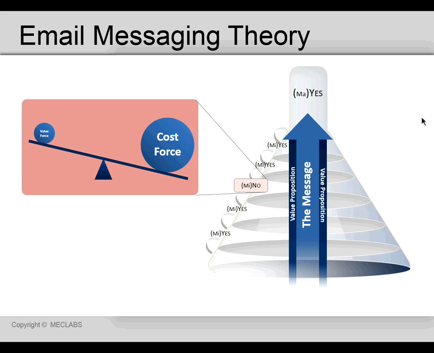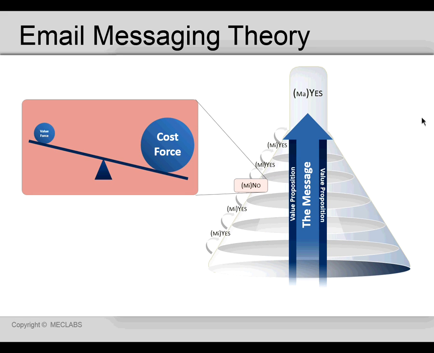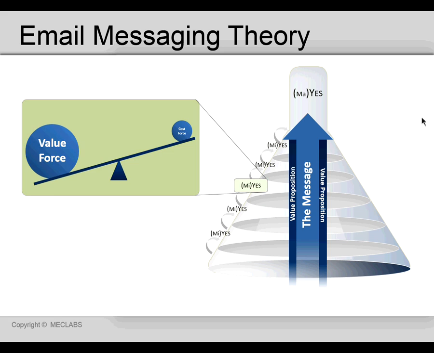And so very simply, what we want to visualize and what we want to conceptualize is how we can actually make each of these micro yeses go from a cost-heavy value light to a value-heavy cost light. Let me do that again. At each of these series of micro yeses, what we're trying to do is to take it from a cost-heavy value light to a value-heavy cost light.